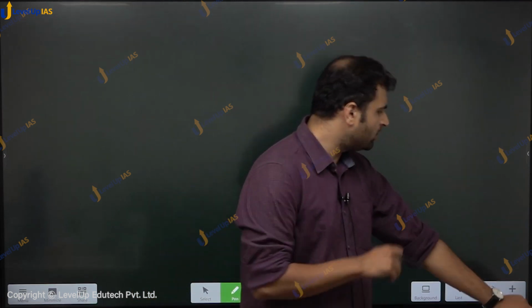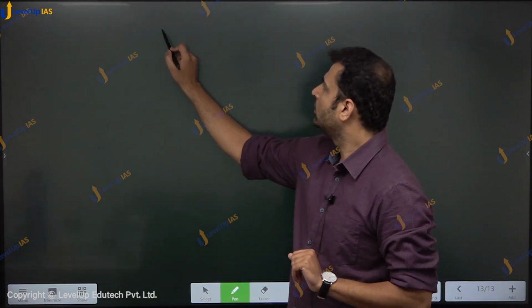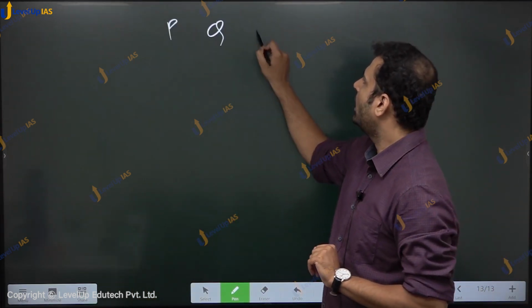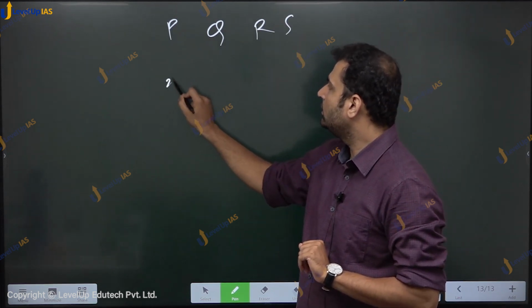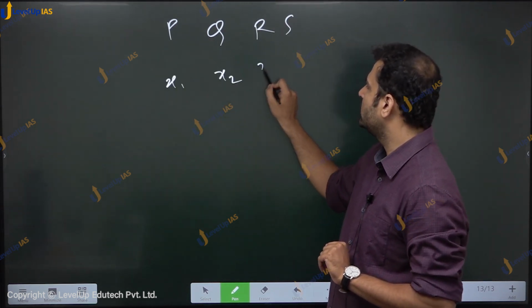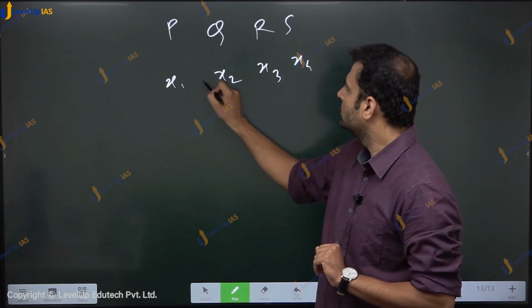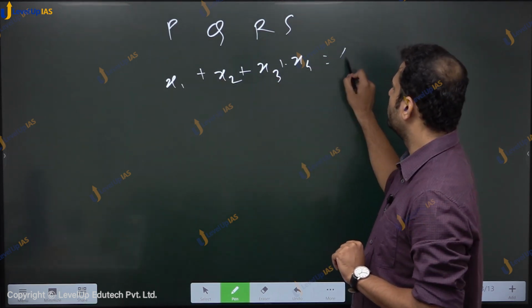Another way to think about it: you have papers P, Q, R and S. Let him lose x1 marks here, x2 marks here, x3 marks here and x4 marks here. So total he must lose 4 marks.